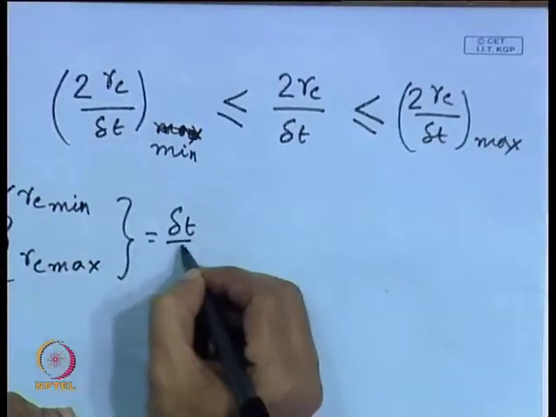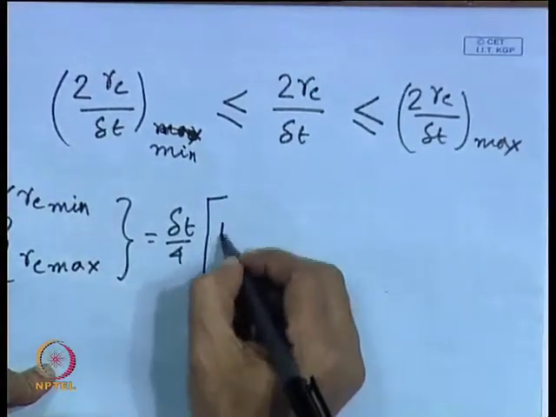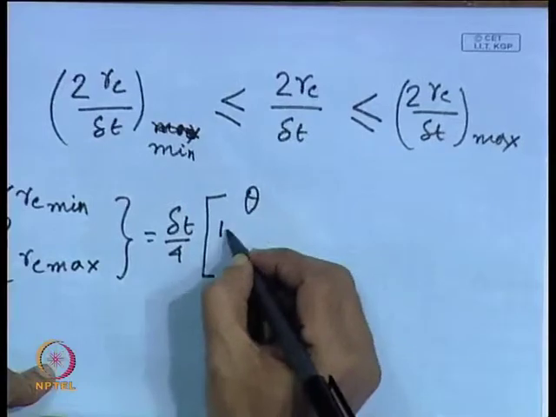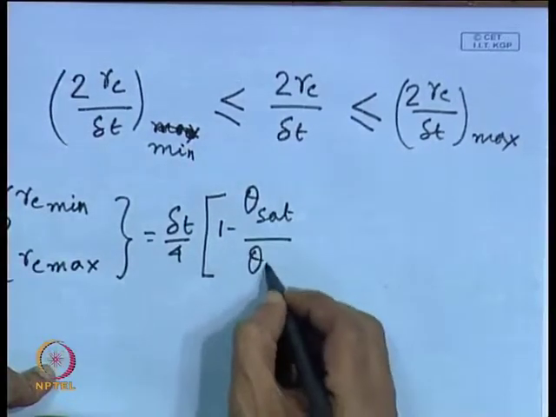Delta T by 4 within bracket 1 minus theta sat by theta w.